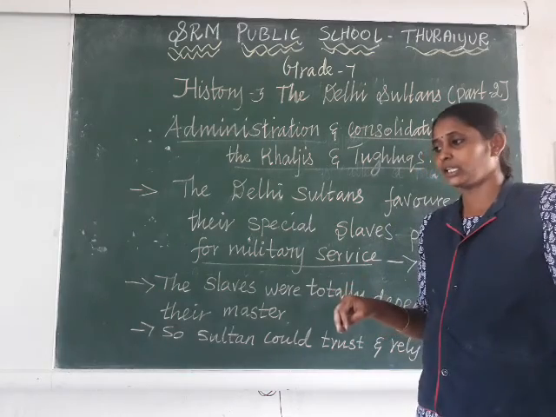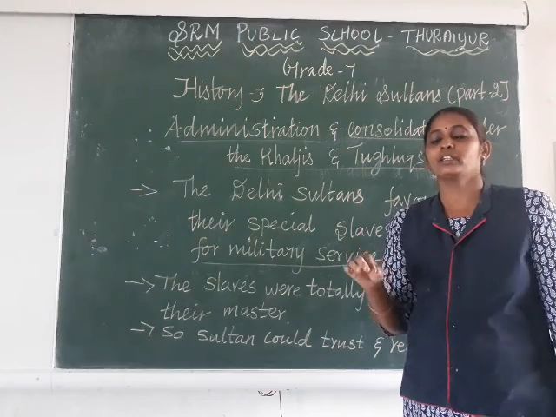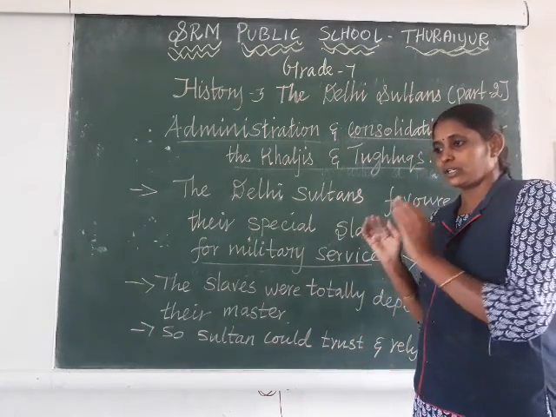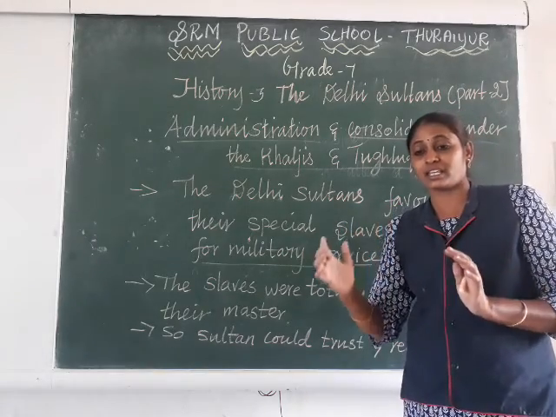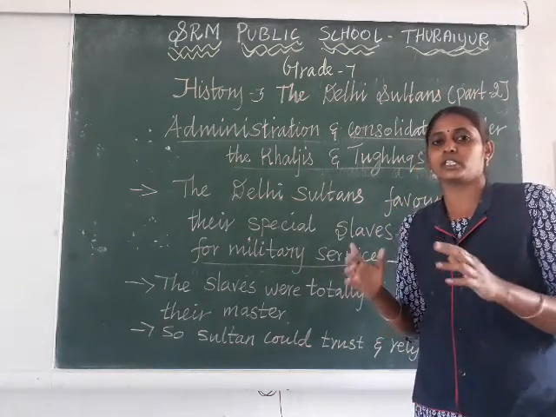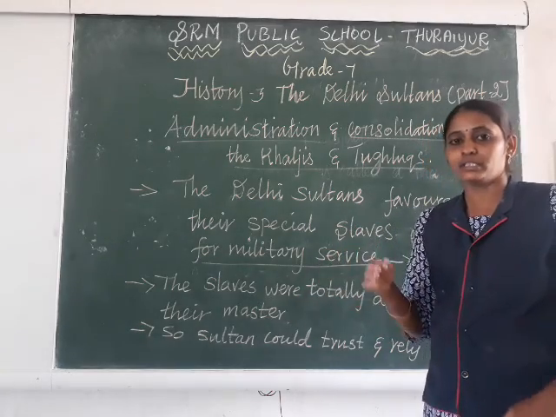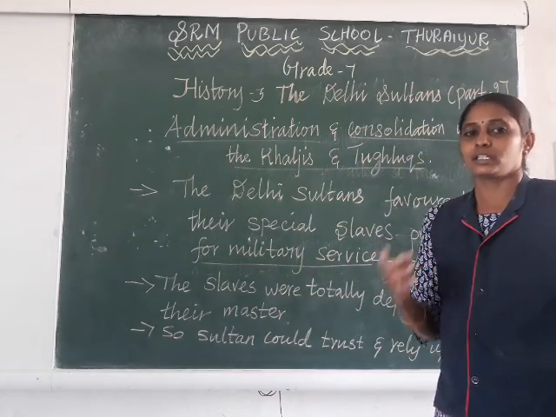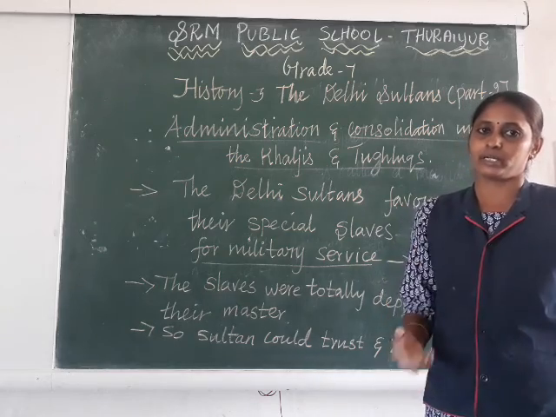The same thing should not happen to her brother's time, so Ghiyasuddin Balban made security for that king. Balban was also a slave. The slaves gave their entire soul to their master.